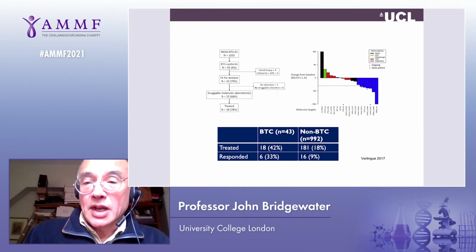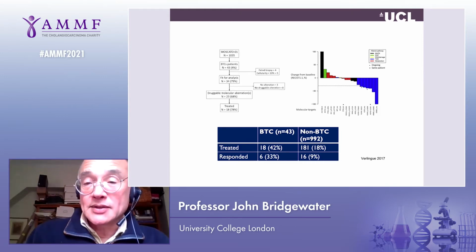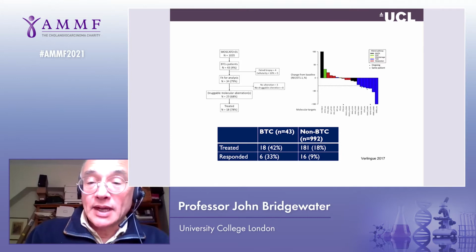On the right here is a thing called the waterfall plot. Each bar is a patient, and any patient who's over here underneath the line means that their cancers have fallen in size. And so you see that actually quite a large number, a third in fact, of patients have responded.